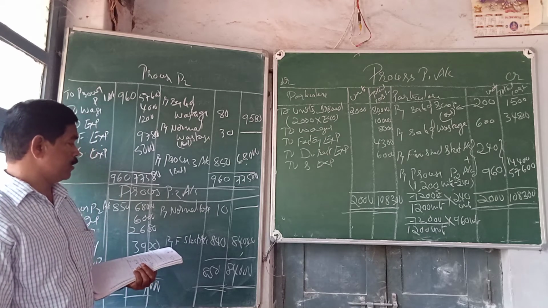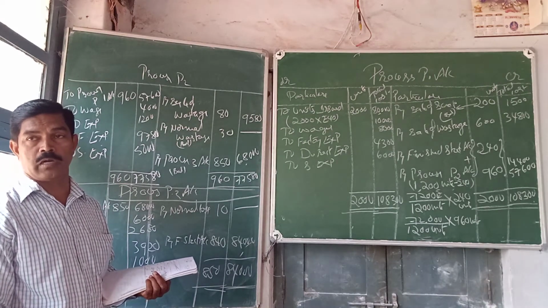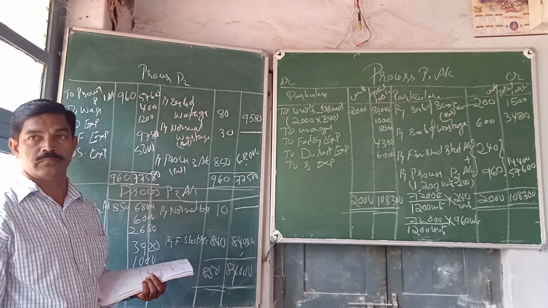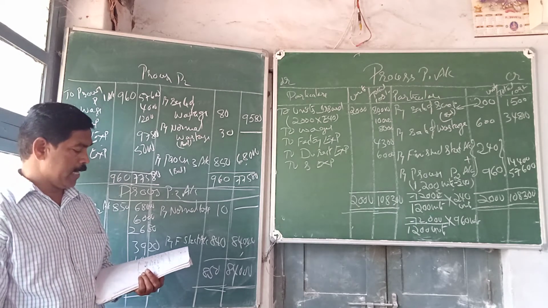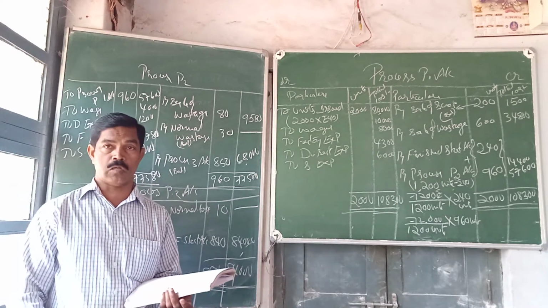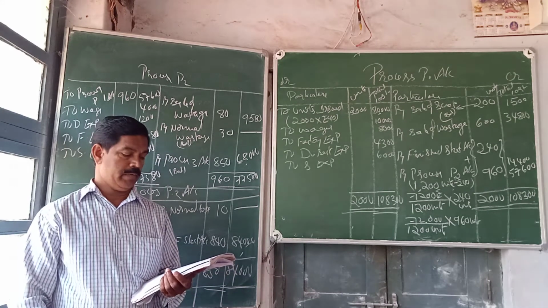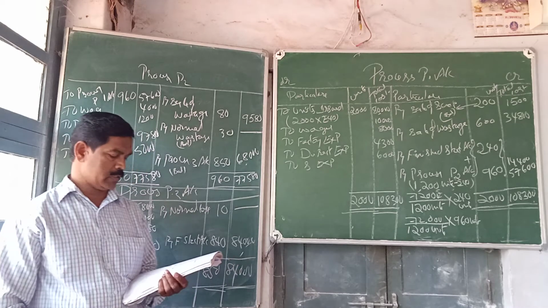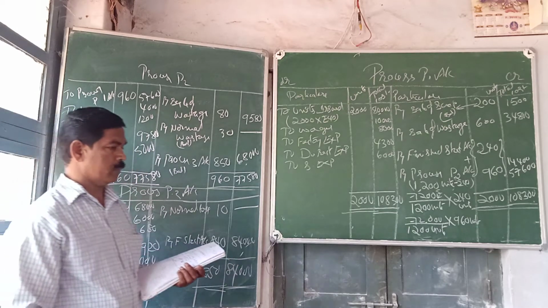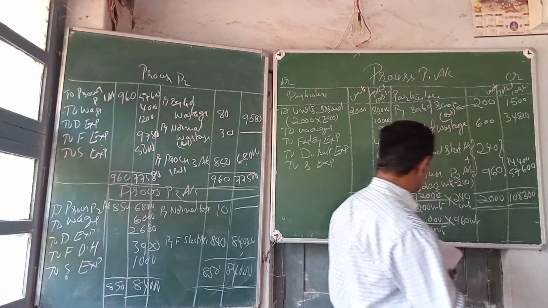So from process P3, the output is transferred to the finished stock account. Then again we are asked to prepare the finished stock account because here a sale is there. We have to sell the output of the last process. The sale price is given. So the last account is the finished stock account.